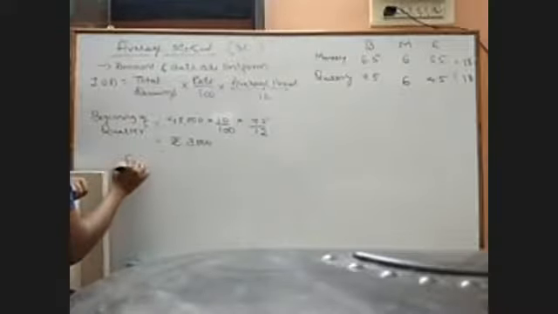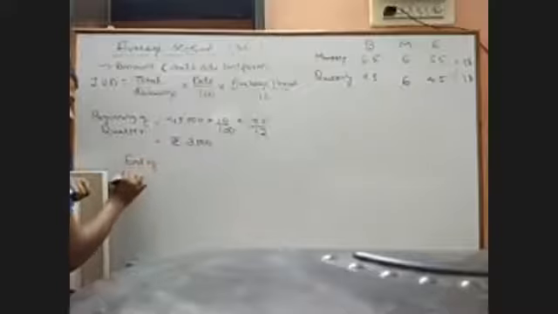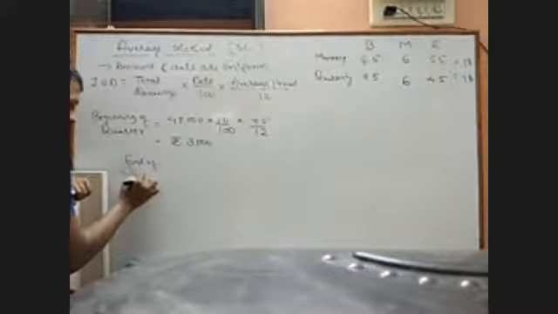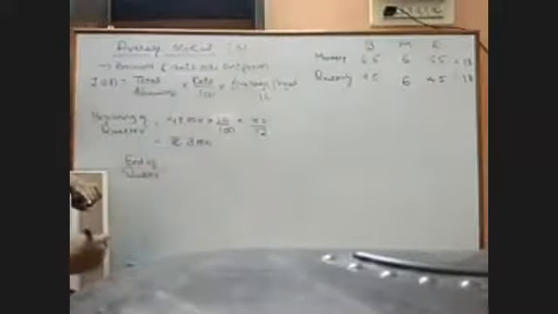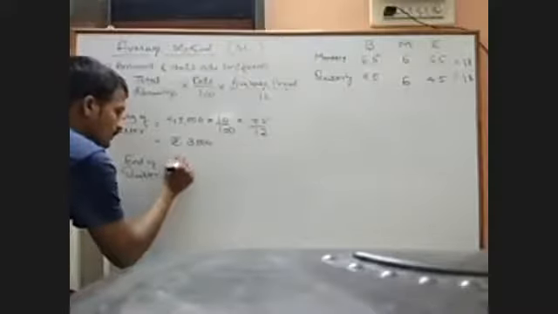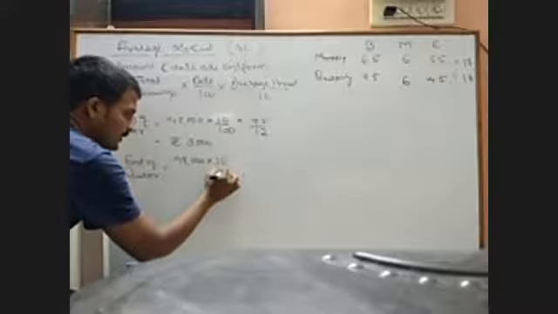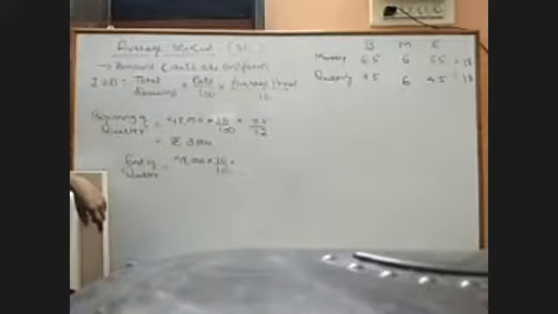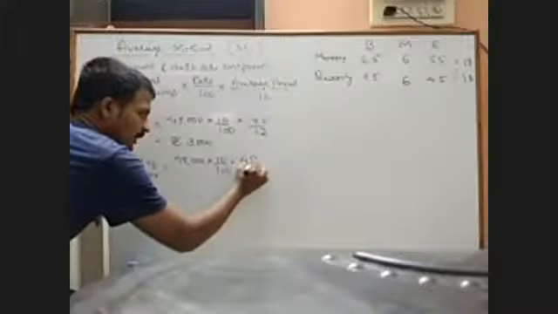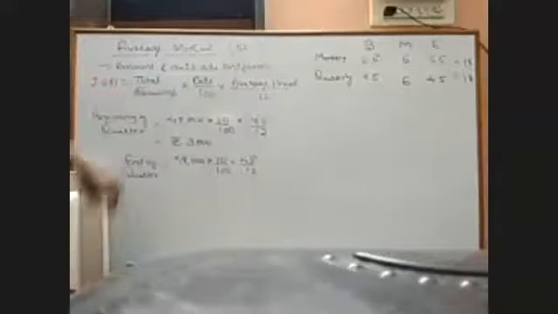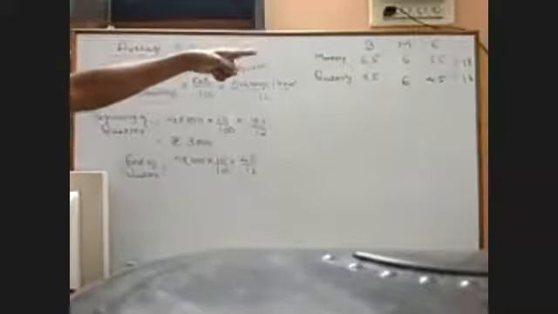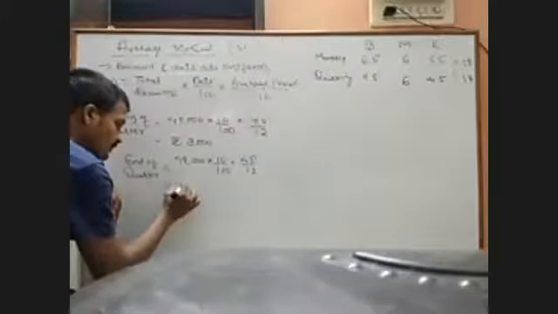Next is end of quarter is equal to 48,000 into 10 by 100 into. Now you tell me what should be the next one. 4.5. Very good. 4.5 divided by 12. Why 4.5? Because it is at the end. So what will be the value? 1,800.